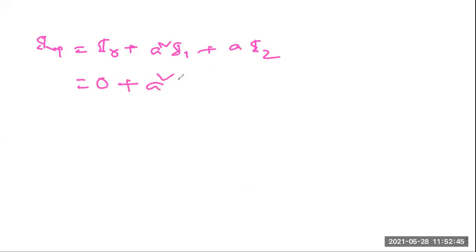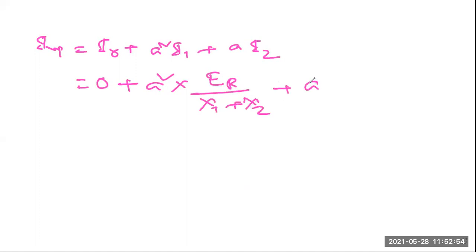So fault current will be equal to IY, and that is obviously equal to minus IB. So this will be I naught plus A square into I1 plus A into I2. Now, what is I naught? I naught equal to 0. And what is I1? Just now I have derived, ER by X1 plus X2.